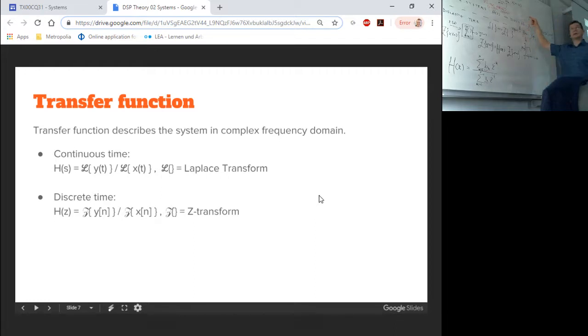Same thing here. If you want to have the frequency response, you just replace z with e to the j omega.